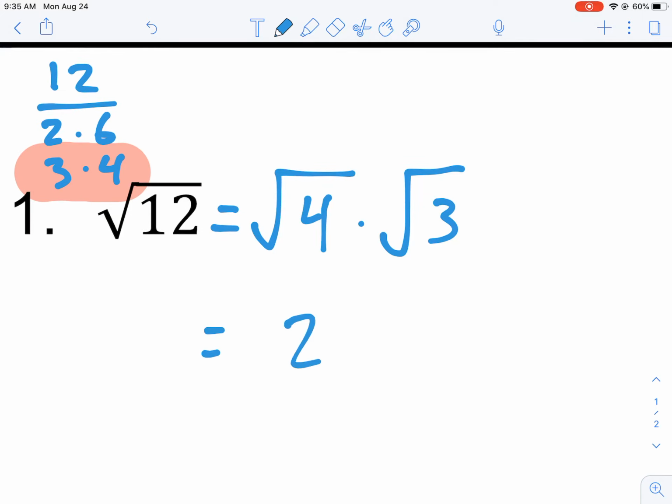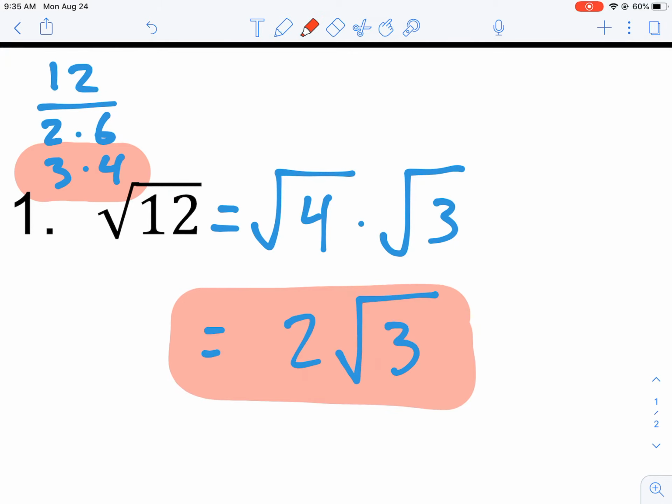And by doing that, we now have 3 left under the radical. So this is a more simplified version of radical 12: 2 times radical 3. So that's what we mean by simplifying radicals. Break up the radical into a perfect square and another number, then take the square root of that perfect square.